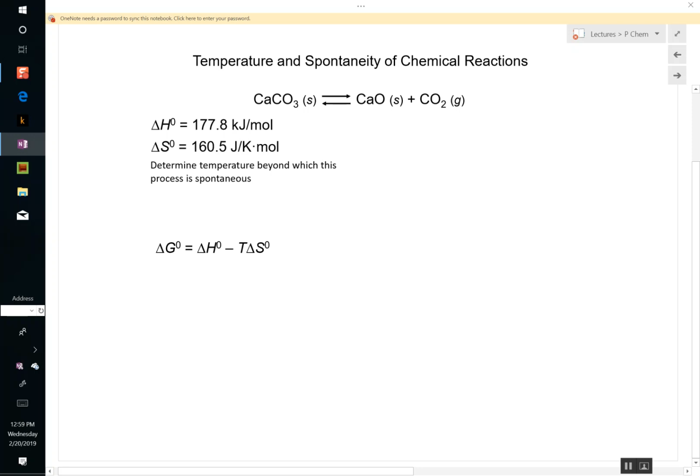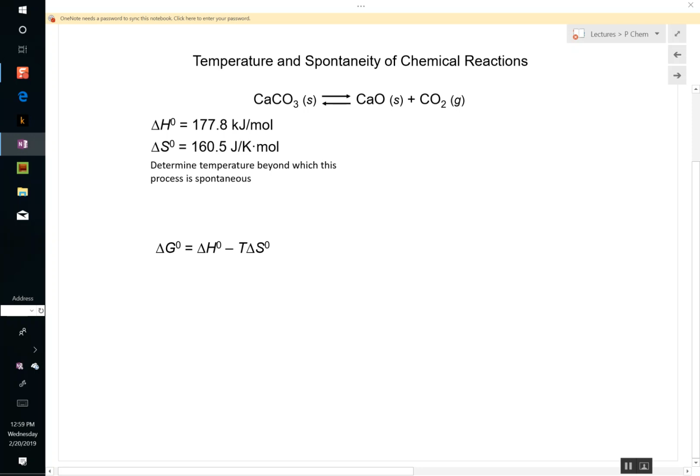These delta H values are standard delta H values at a certain temperature. Is delta H ever a function of temperature, or is it always constant? Like, can we use standard? Yeah, we can use standard.